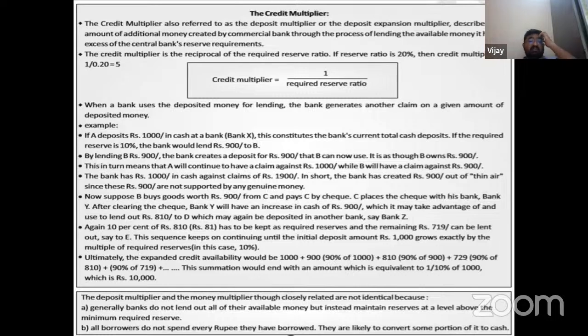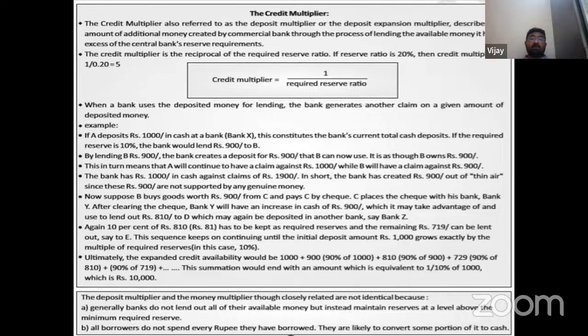Like that, if I add all the loans given, it will be 10 times the initial deposit. That means it comes to 10,000 rupees. How did I get that 10 times?